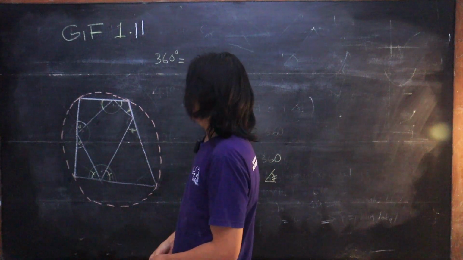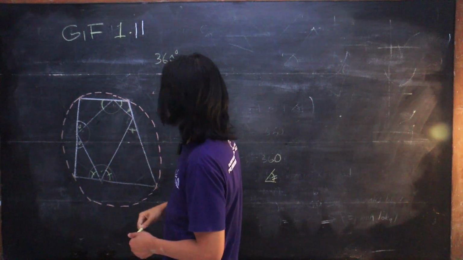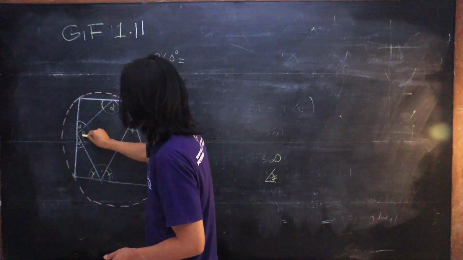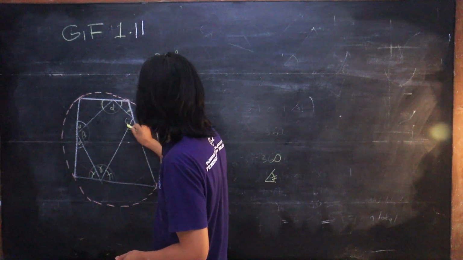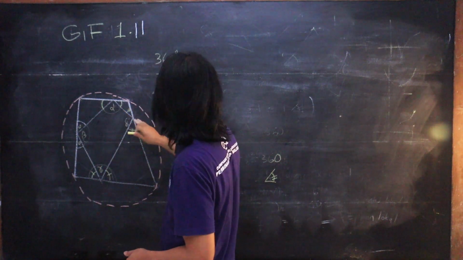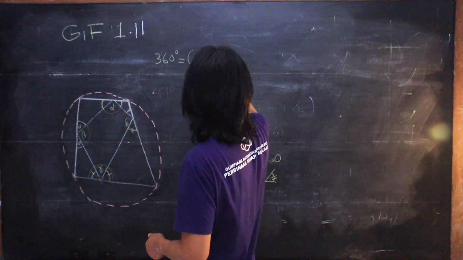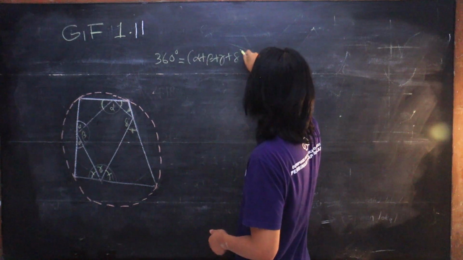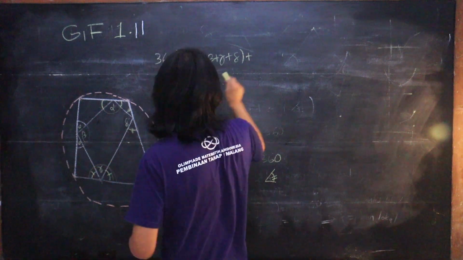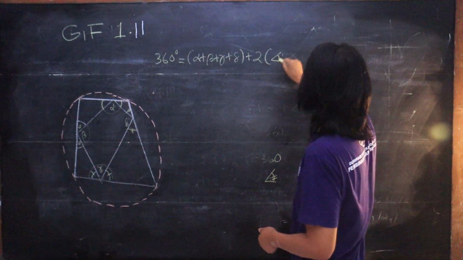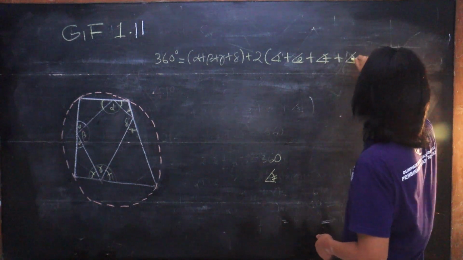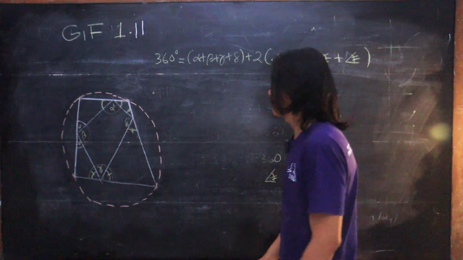And that 360 degrees is equal to, let's call these alpha, beta, gamma, delta, the sum of alpha, beta, gamma, delta plus twice of each of these angles, right?